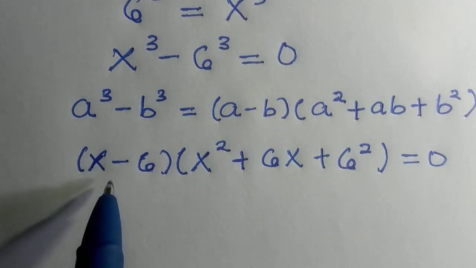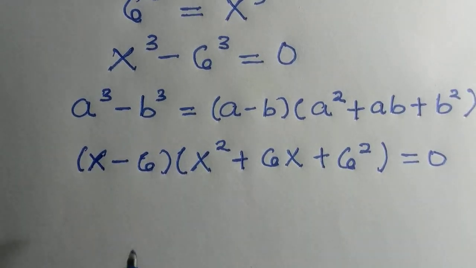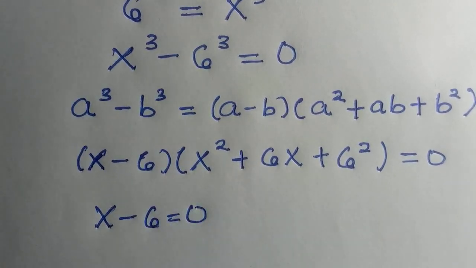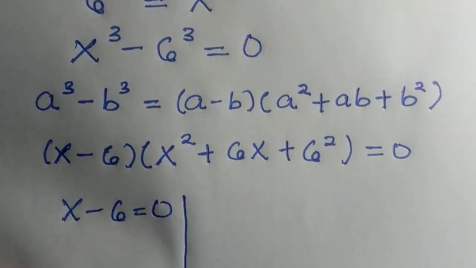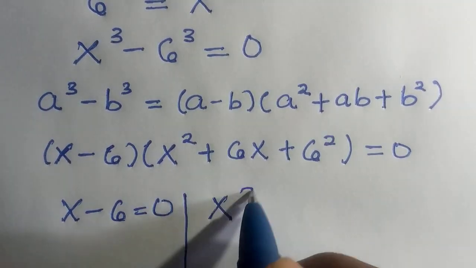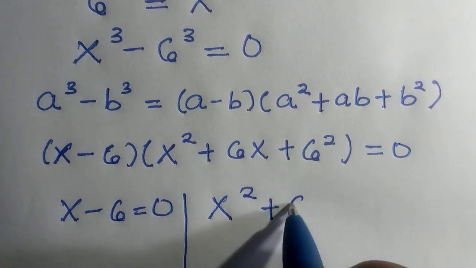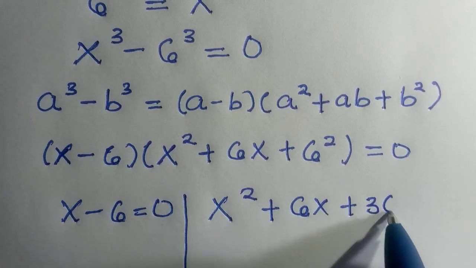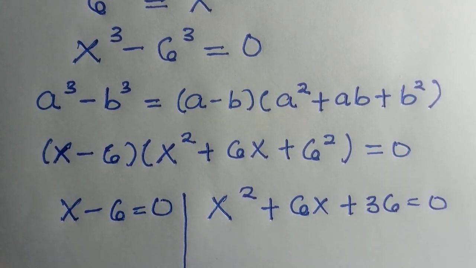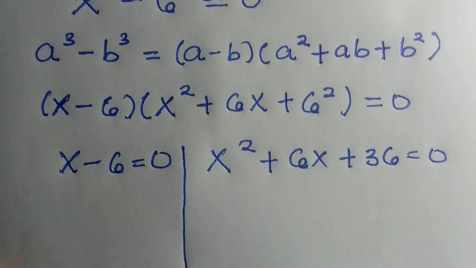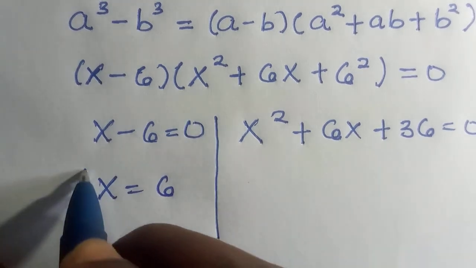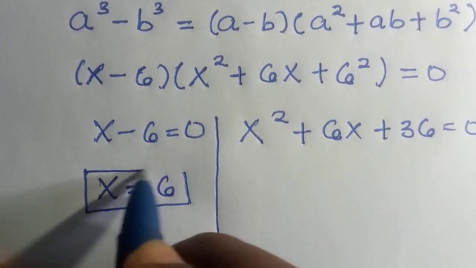Then we are going to let x minus 6 equals 0, and the second part, which is x to the power of 2 plus 6x plus 6 squared, which is given as 36, also equals 0. Then with this one we have x equals 6, which is the first solution.